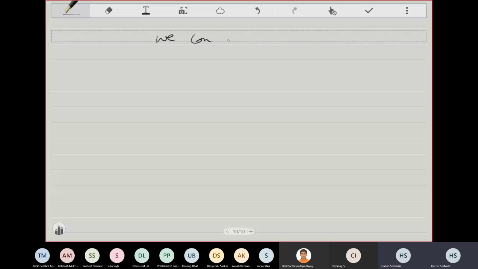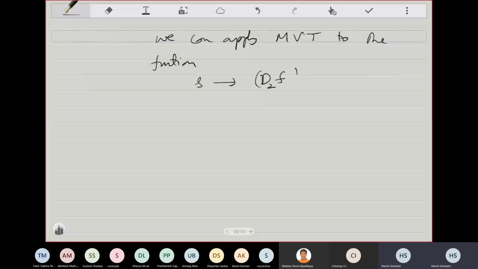We can apply the mean value theorem to the function s going to d2f at (x, s).